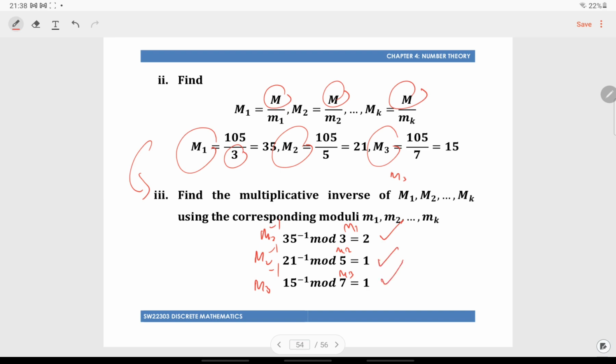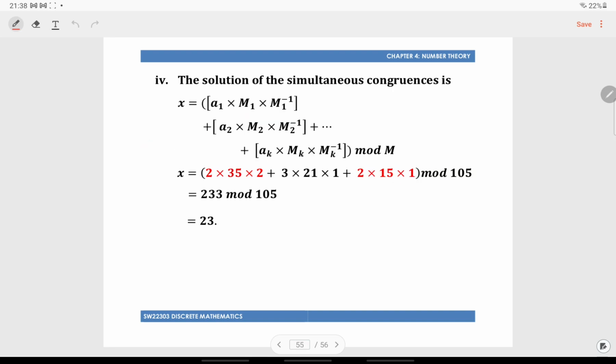Once we obtain all these values, now we are ready to compute the solution, because the solution can be simply computed by using the following equation. We just insert the value for a1, multiply with capital M1, multiply with the capital M1 inverse. Then we add a2 times capital M2 times capital M2 inverse. We add up to k. Because we only have until capital M3, we have the following equation.